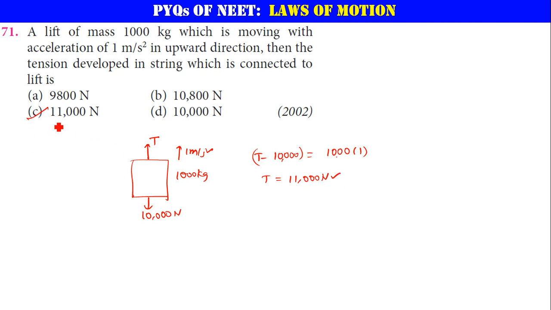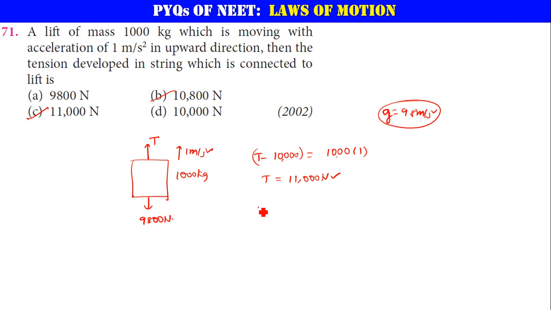This is the problem. Here he has not mentioned the G value, and of course you can see a nearby option which is 10,800. If you take G value as 9.8 meter per second square, then you will get this answer also. Let us see. Suppose you take 1000 into G, that is 1000 into 9.8, 9,800 newtons.